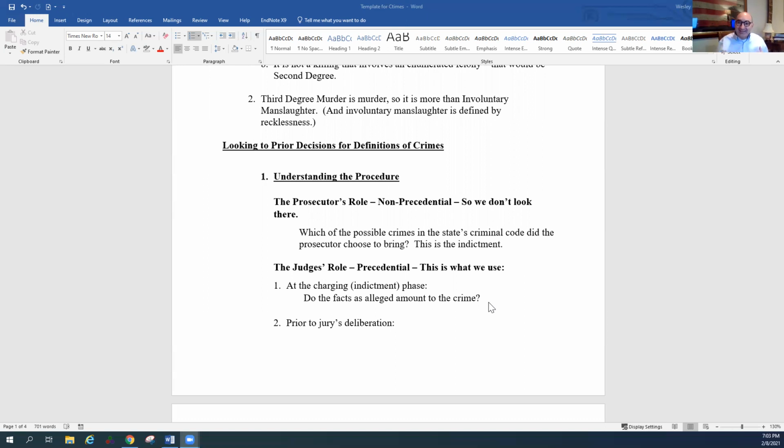You're going to want to look at the definition of this particular crime as the courts have offered them to you. And in particular, you'll want to look at the interpretive gloss, the additional language that courts provide to flesh out the definition of the crime, any factors the court gives you in trying to determine whether this is that particular crime or not. And then finally, the examples.